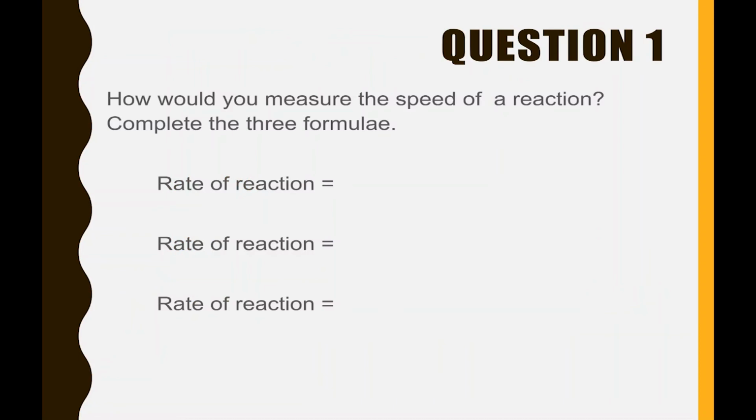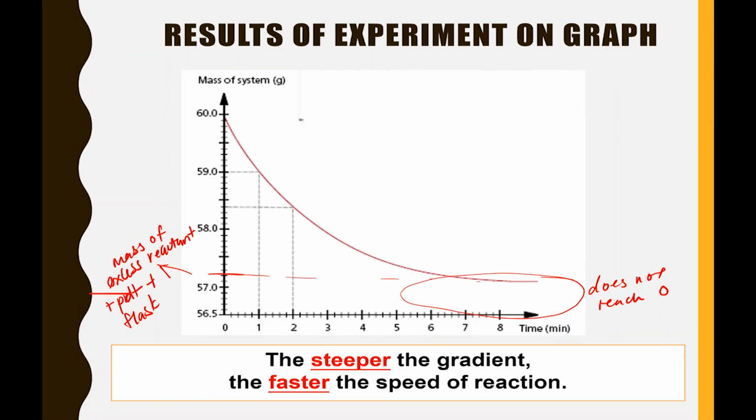As you can see here, it's the same principle. A steeper gradient gives a faster speed of reaction.